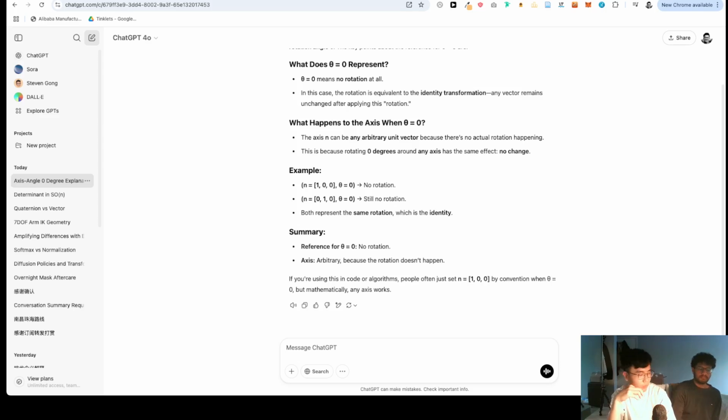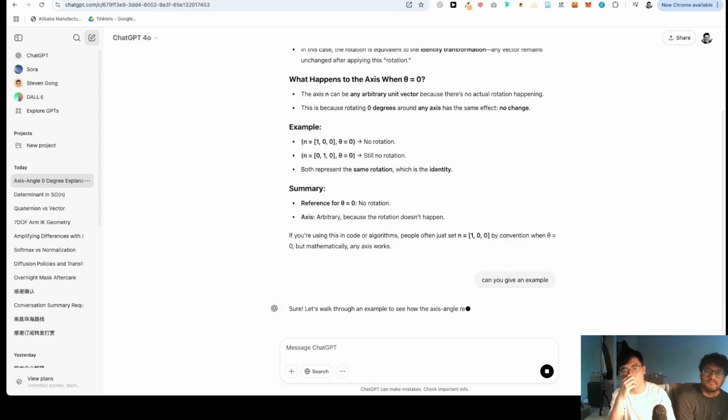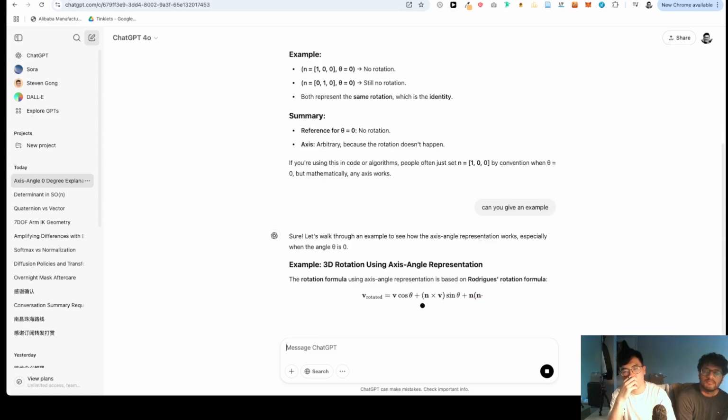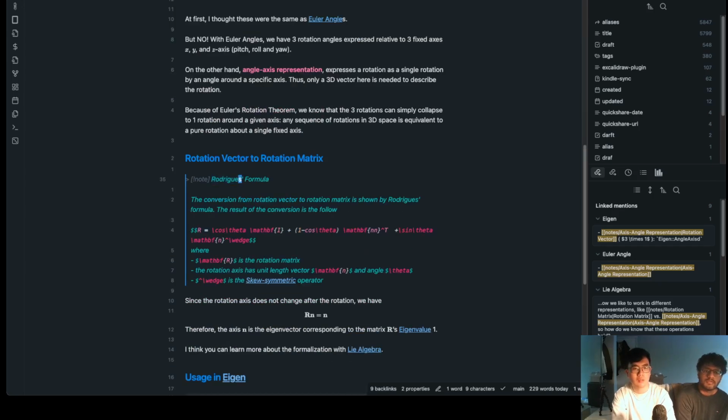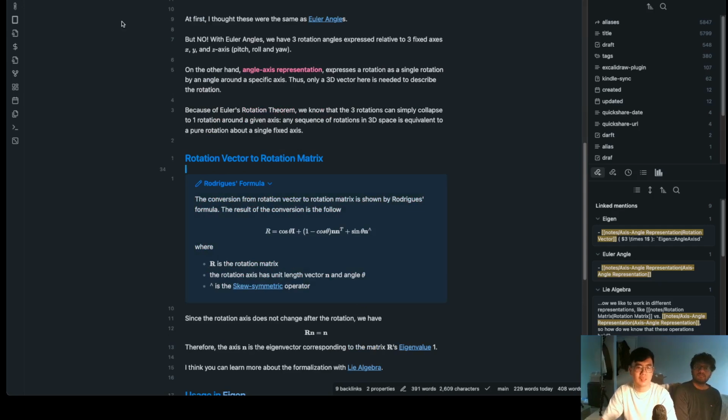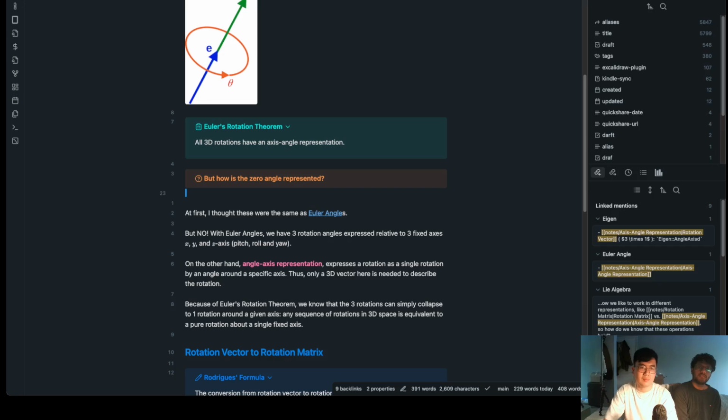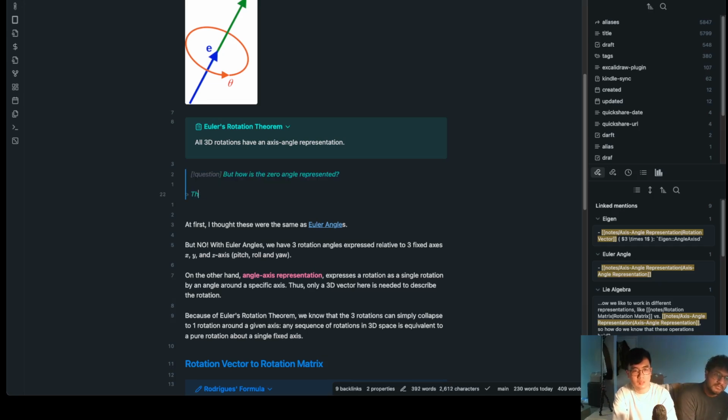I guess it's representing a rotation, so it's relative to your current coordinate system. Yeah. Rodrigues rotation. Oh wow. This is the conversion between. It's always your current.